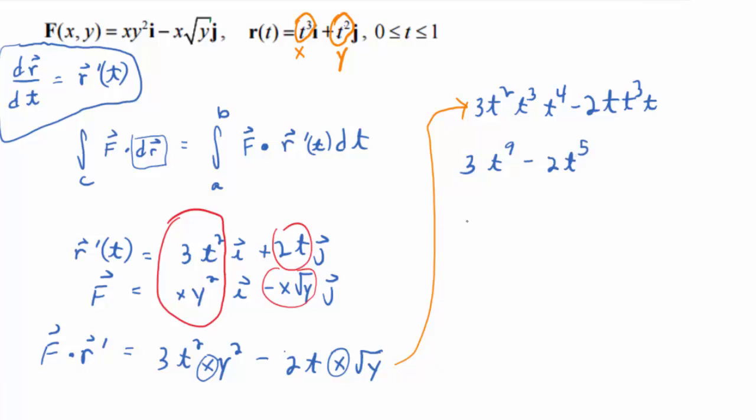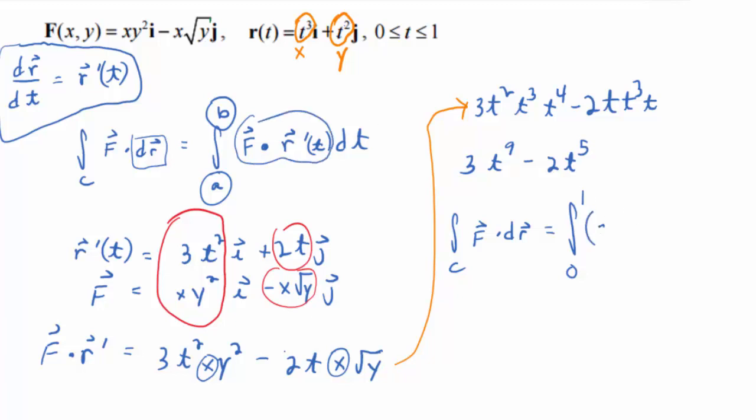So, long story short, at least for the setup, the integral is the integral from 0 to 1, that's what t goes from. And your integrand, this dot product in terms of t, ultimately turned out to be 3t to the 9th minus 2t to the 5th dt.